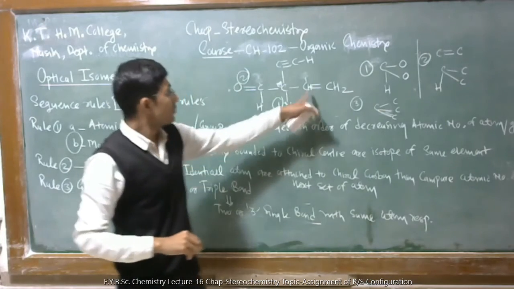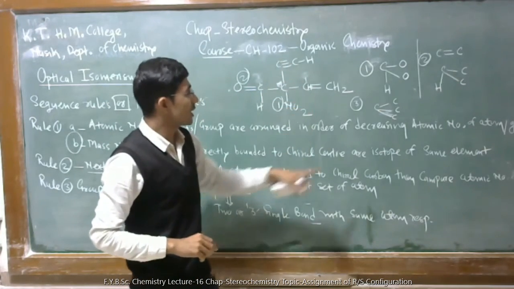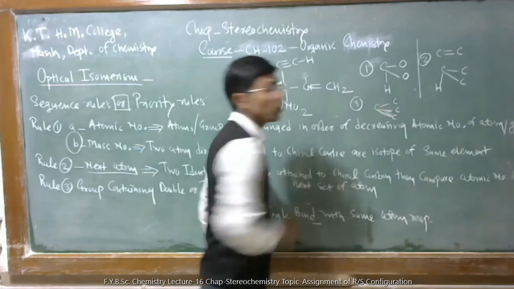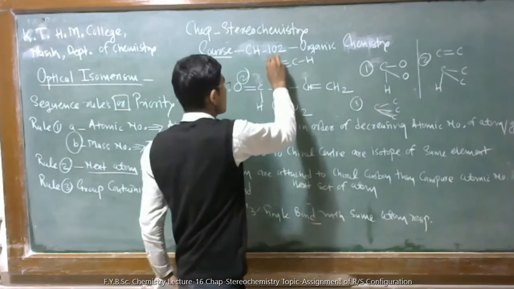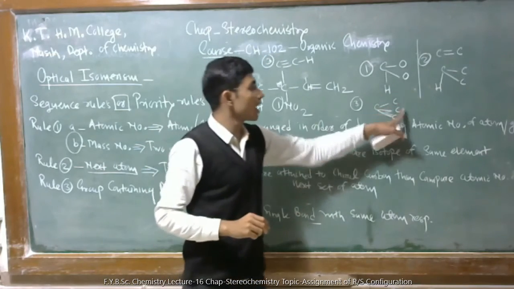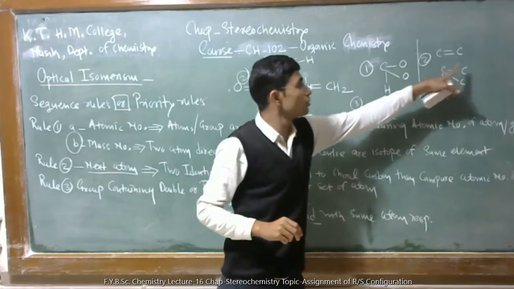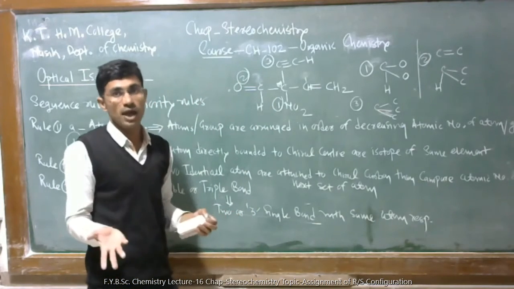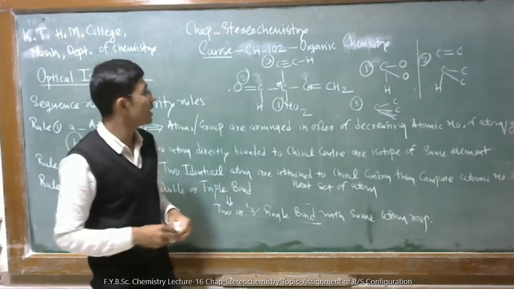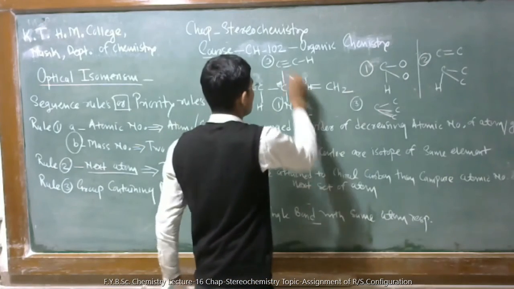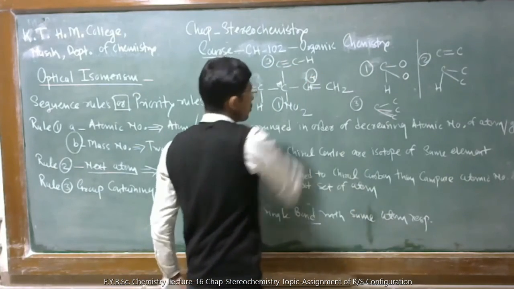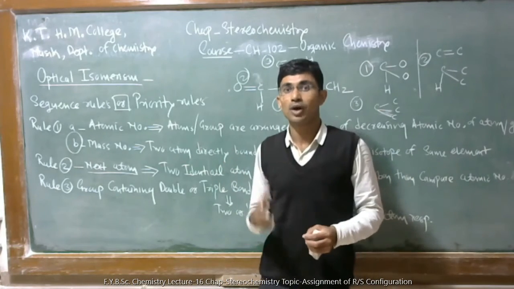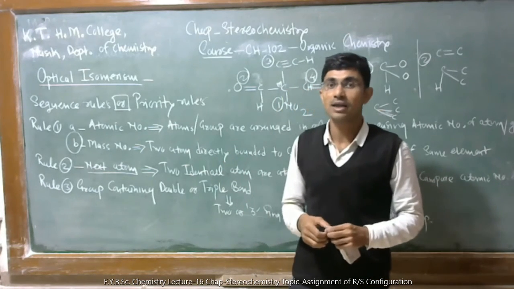When you compare between these two, this carbon is attached 3 times to carbon because of the triple bond, so this gets the third priority. But here only 2 carbons are attached. So obviously 3 gets higher priority than 2, and this gets the 4th priority. In this way we have to apply the sequence rules, or priority rules, when you assign the R/S configuration.